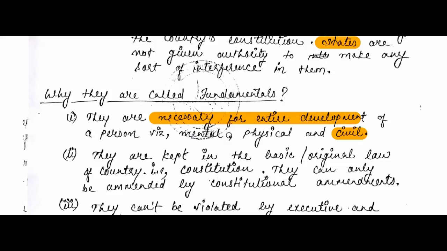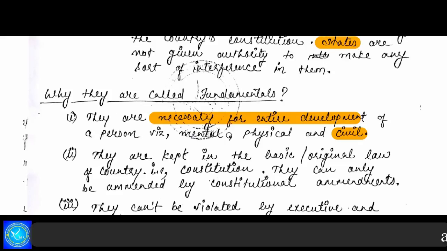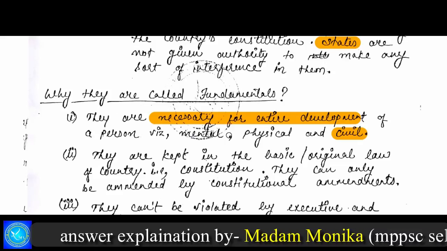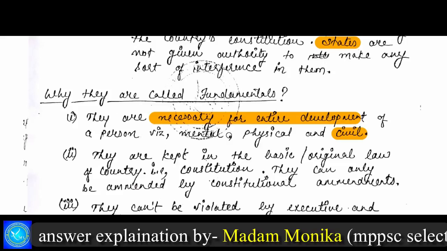Earlier I said that a good personality means an informed citizen. An informed citizen can be made with all the awareness and sense of responsibility about his duties towards the nation and society. So mental, physical and ethical.